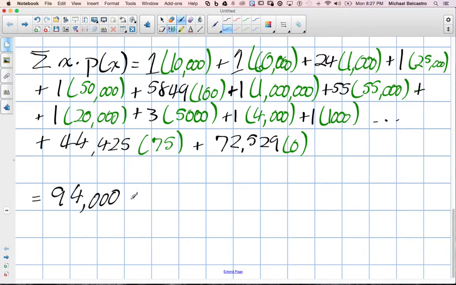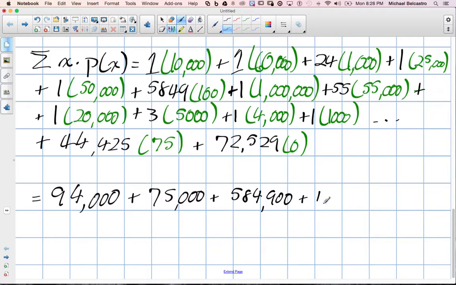I'm going to keep track as I go. Plus a 25,000 to 50, so that's 75,000. Plus another 75,000. Plus, this value here is going to be 0. $584,900.